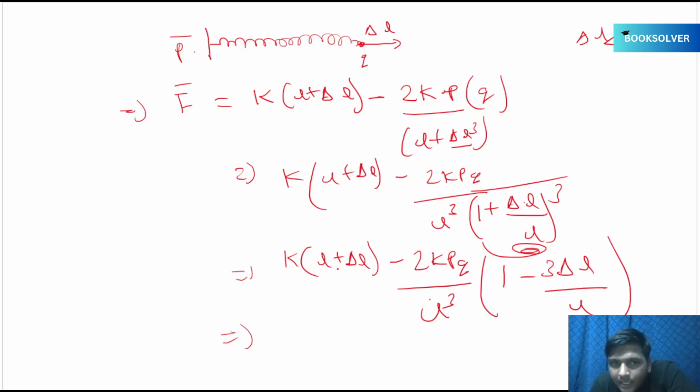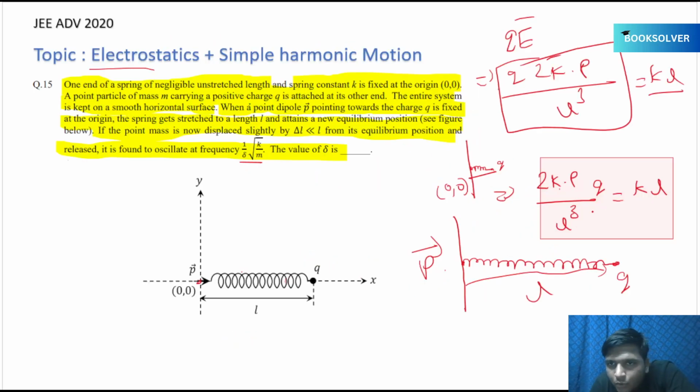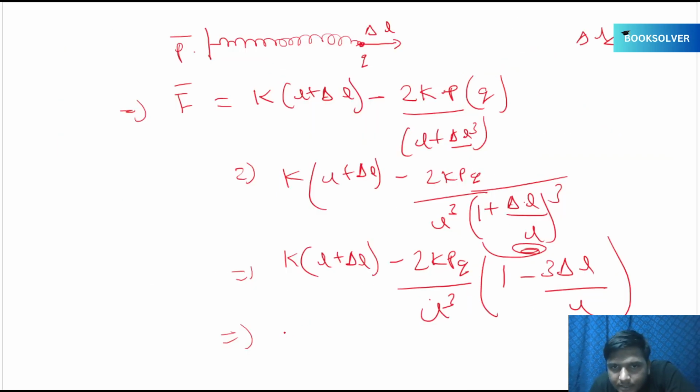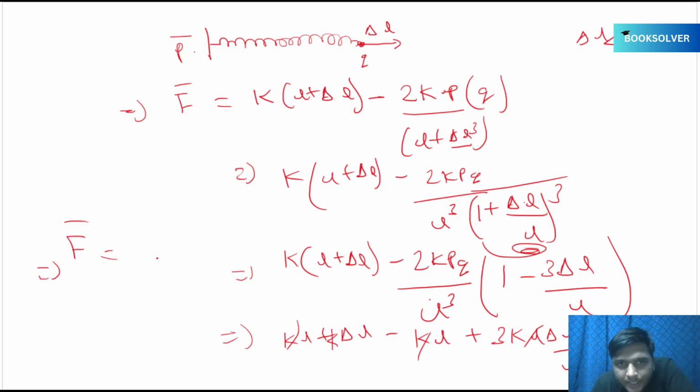Also, we have proved earlier that 2kpq by L cube is equal to KL. So we write it as KL plus K delta L minus KL plus 3K delta L. I hope this is clear. So the net force acting is equal to 4K times delta L.